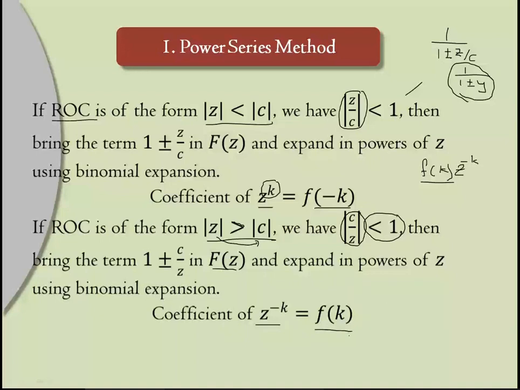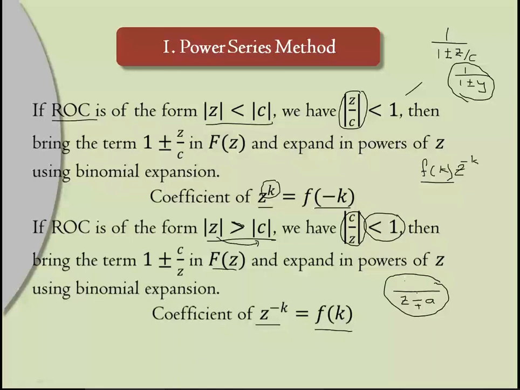Okay. So what are the basic things we have to remember in the inverse Z transform in this power series method? First of all, try to separate out the denominators. If you have z minus a or z plus a, whichever term is there, try to bring the term in this form first. If you have a multiplication of terms in the denominator, separate it by partial fractions. First of all, try to get a single term in the denominator.